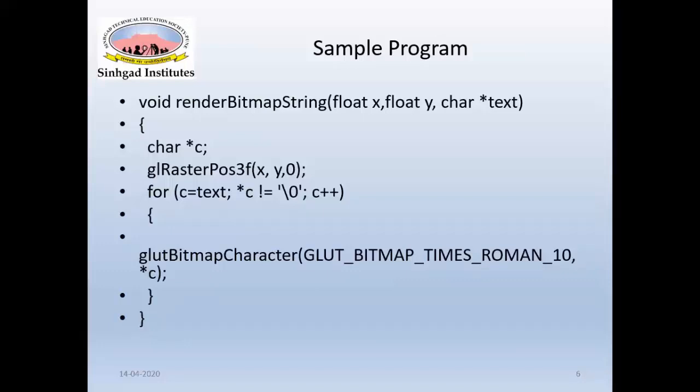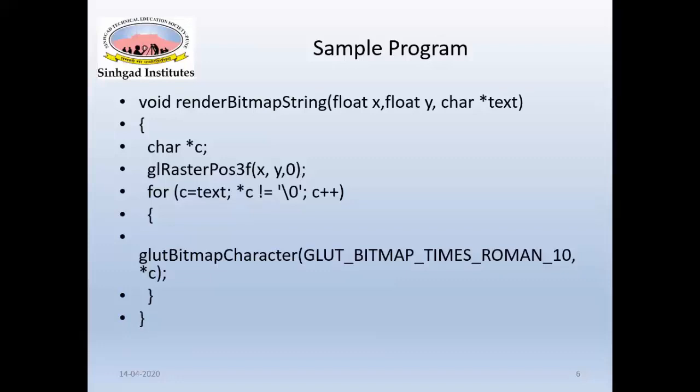Then glRasterPos3f, you are going to initialize the position of rastering that particular string. For c equal to text and then pointer c not equal to \0 and c++, we are going to get each and every character in the string one by one except the last null character.